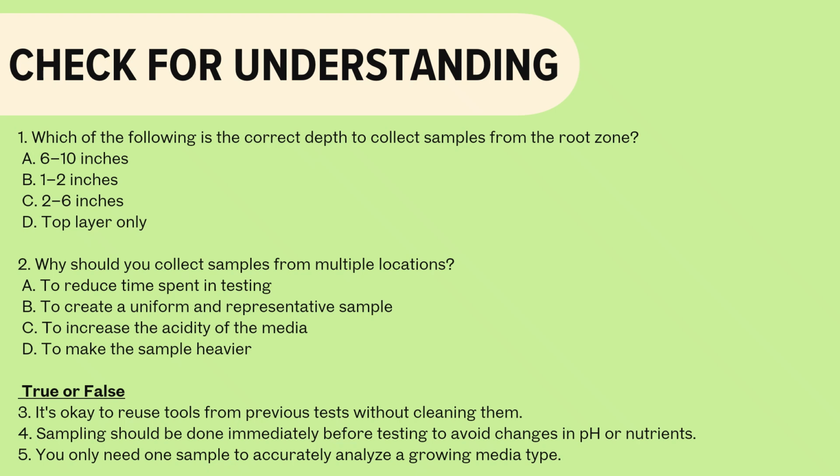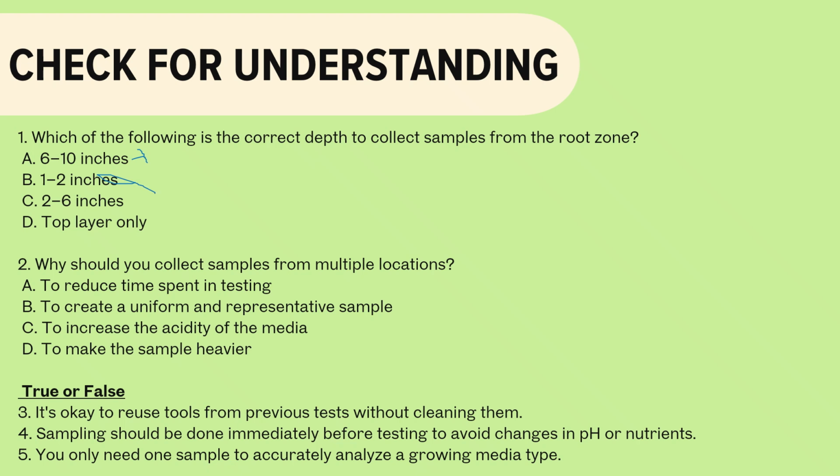So for number 1, as it pertains to the correct depth, do we want 6 to 10 inches? Would that be necessary? That seems too deep, right? What about 1 to 2 inches? That seems too near. That's something like the organic matter.